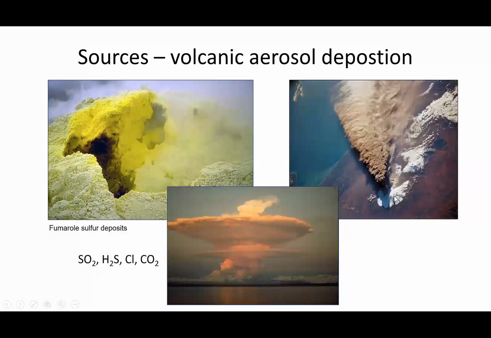I think this is possibly in Kamchatka from memory, and we have the volcanic plume going very high up into the atmosphere and then being transported out across the ocean, and this solid volcanic ash and dust is deposited into the ocean where salts and other elements are released and dissolved into seawater.